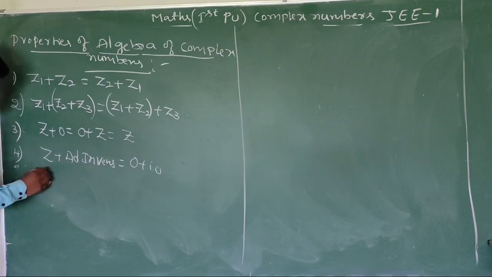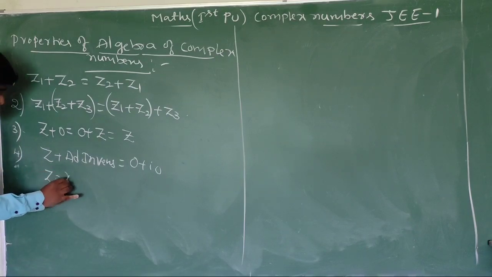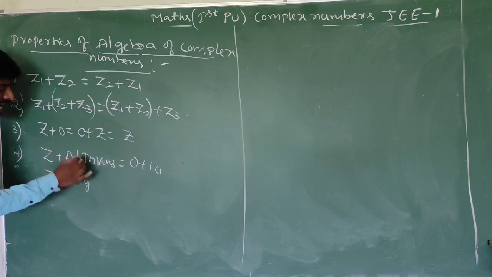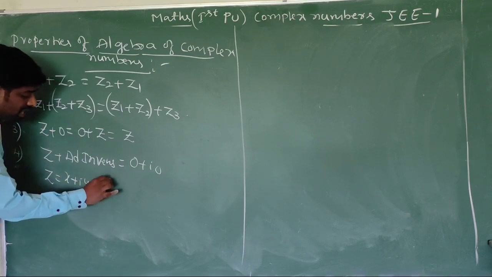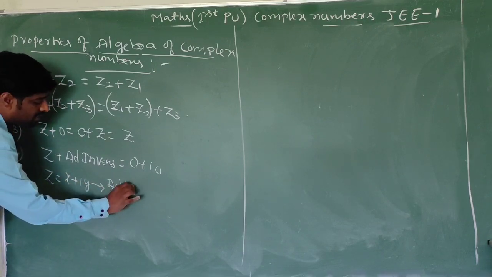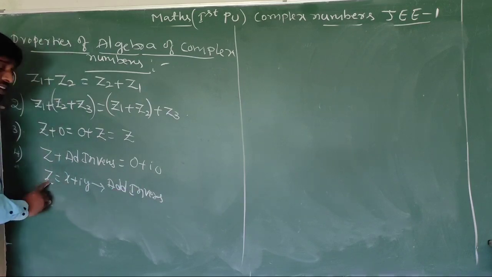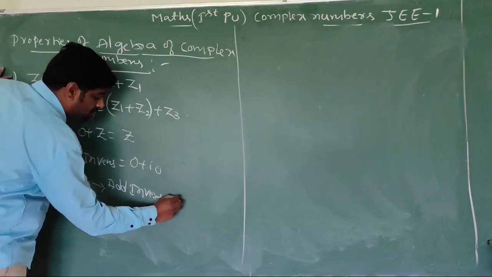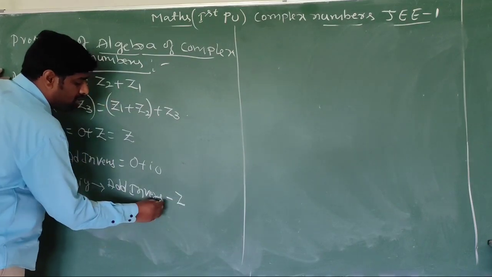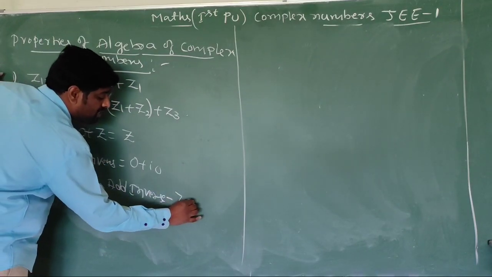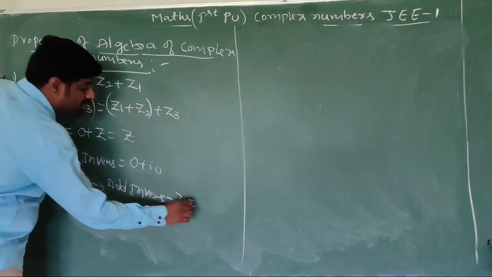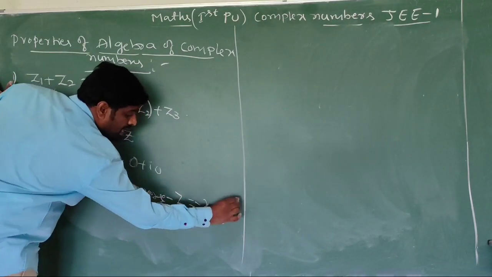So here suppose z is equal to x plus iy. For z the additive inverse is minus z, equal to minus x minus iy.